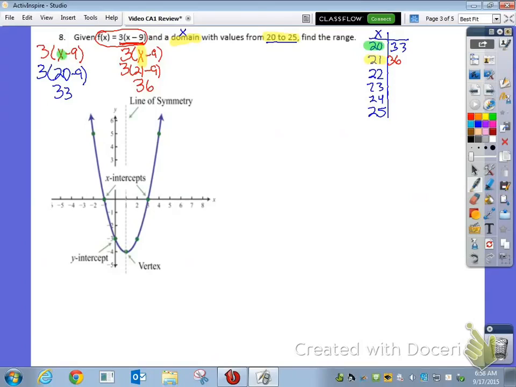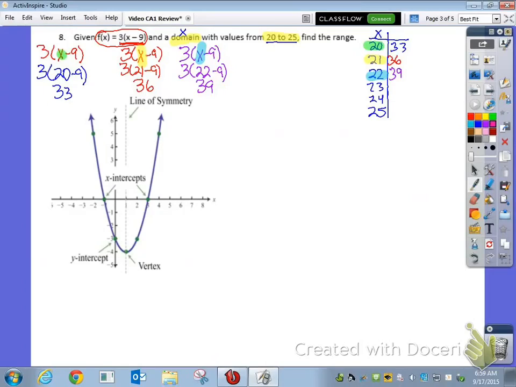And then I do it again. So I start with my original equation, but my next number that I replace, and you just keep going down the line, next number is 22. So wherever you see x, you're going to plug in a 22. And then you put that in your calculator and you get 39. So when I plug in 22, I get 39.